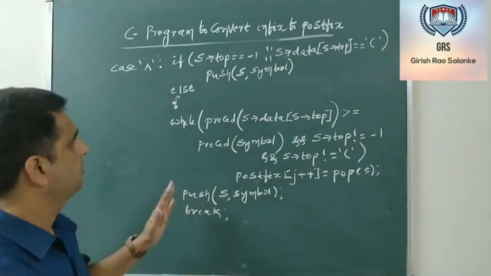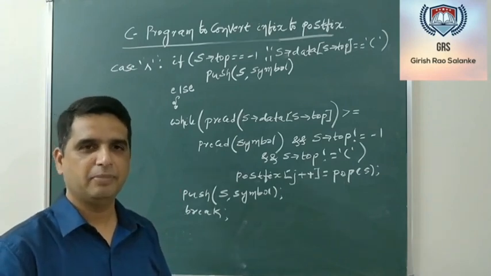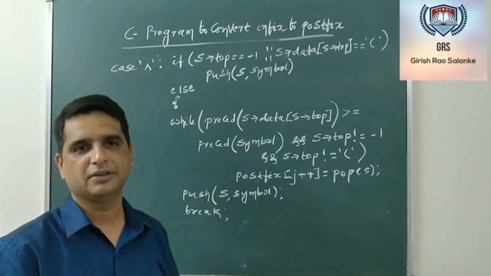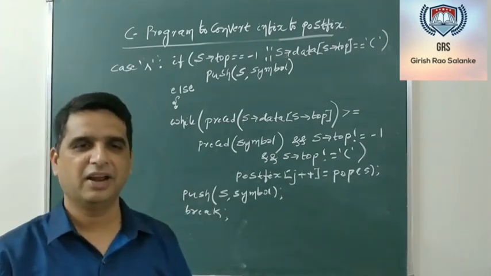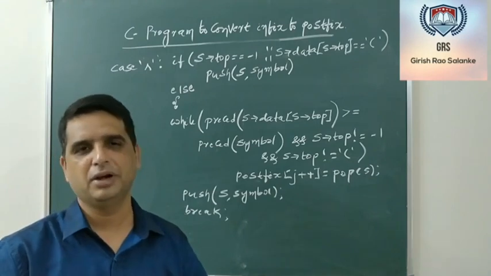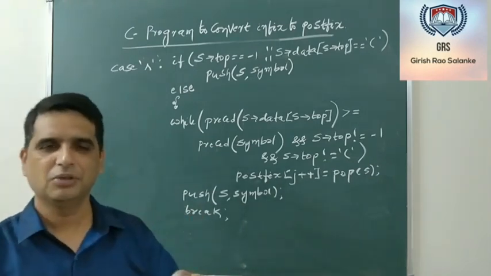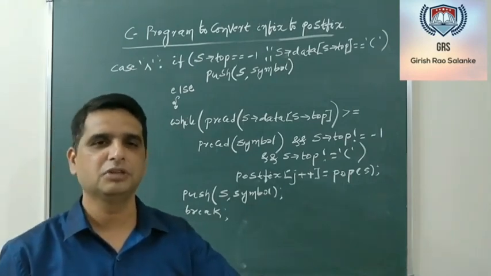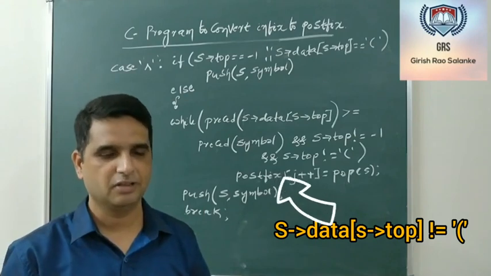So this was with respect to operand, left parenthesis, right parenthesis, and the operators. If by mistake, apart from these, any other things come, we could put it in a default statement, or maybe we'll not worry about the default statement. Assume that whenever we are passing the input to this particular program, we are giving a valid infix expression.